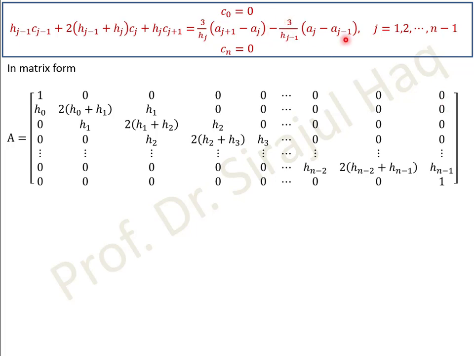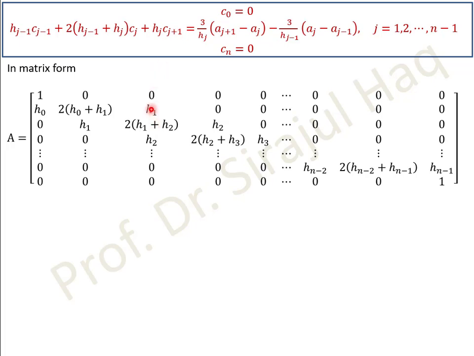Come to this equation when j is equal to 1. When j is equal to 1, you are getting h naught multiplied by C naught, so the coefficient of C naught is h naught. Plus 2 into h naught plus h1 multiplied by C1. The coefficient of C1 is 2 into h naught plus h1, which you can see over here. Plus h1 C2.